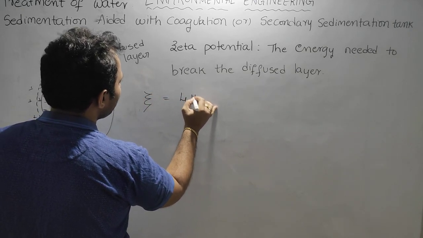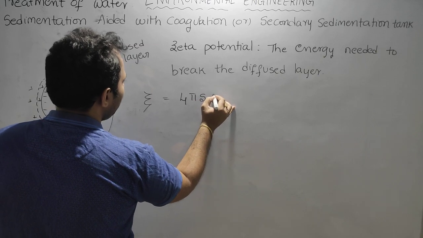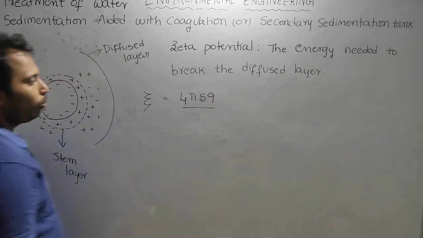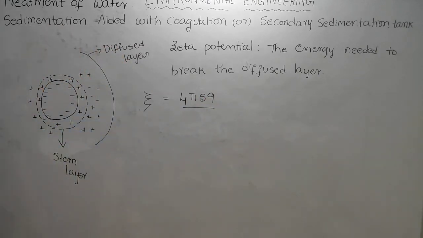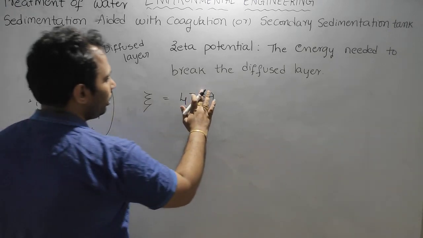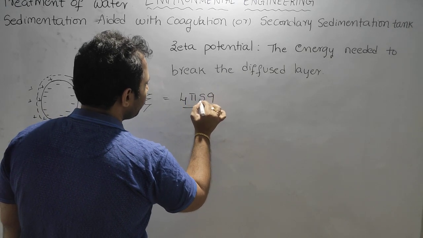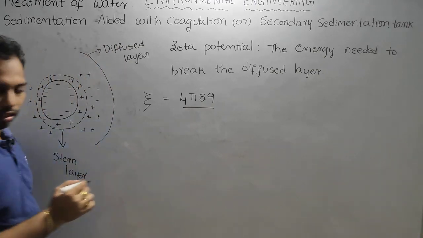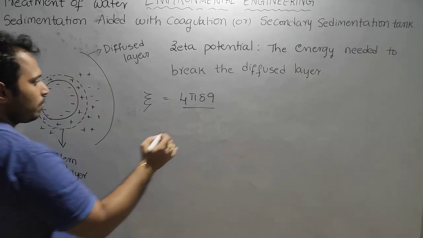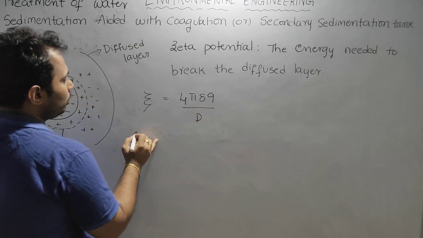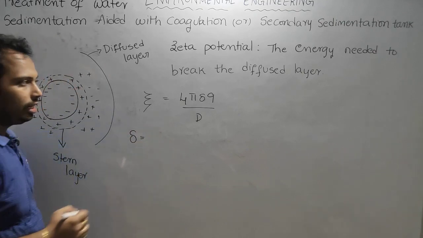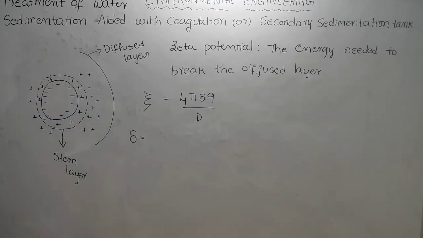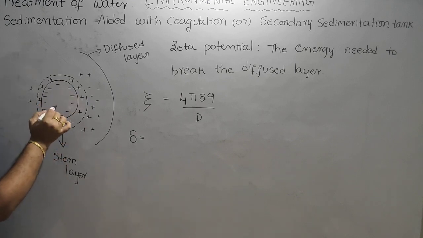4 pi delta q by D. Here delta is the thickness of the zone of influence of charge.